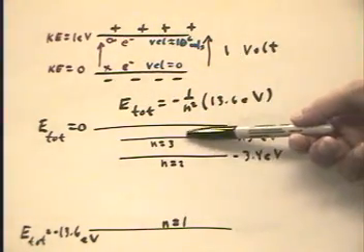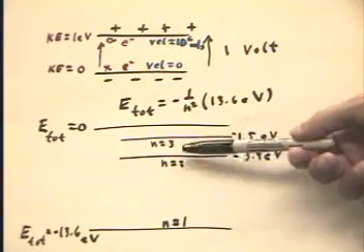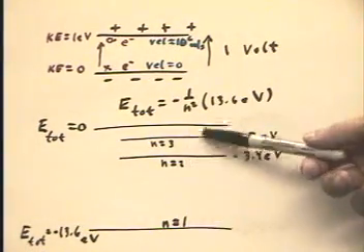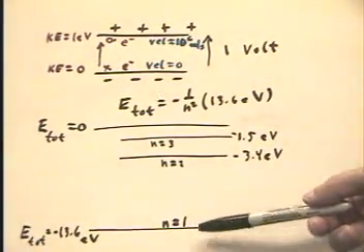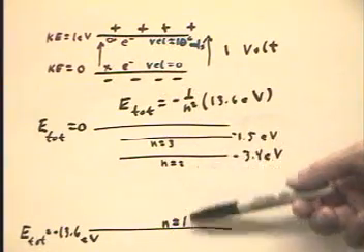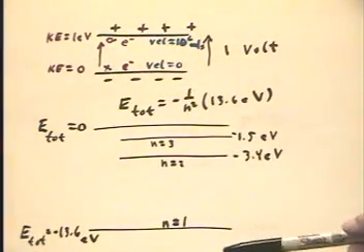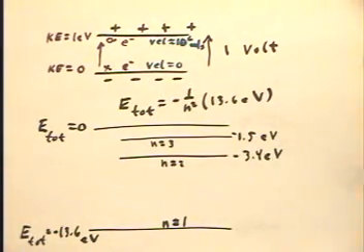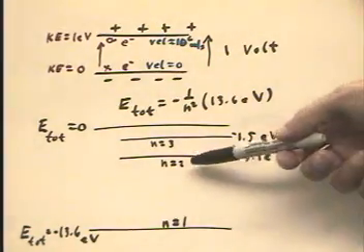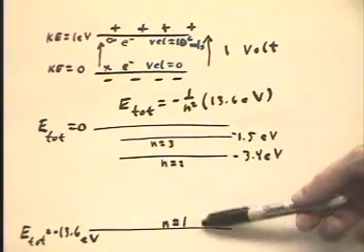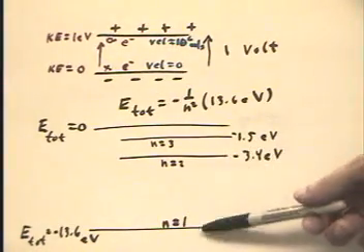It turns out that if we go from n equals 3 to n equals 2, that light is visible. If we drop from n equals 3 to n equals 1, that's a lot of energy, and that light is so energetic that it's ultraviolet. It's not visible to the naked eye, although we can certainly detect it with ultraviolet film and other devices. Anything that falls to the n equals 1 orbit, even from n equals 2, has too much energy to be visible.